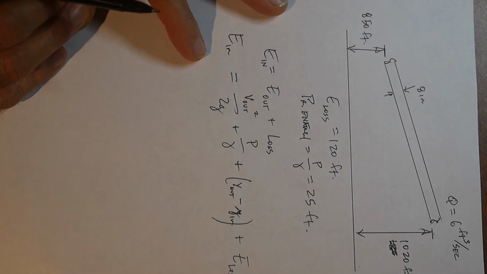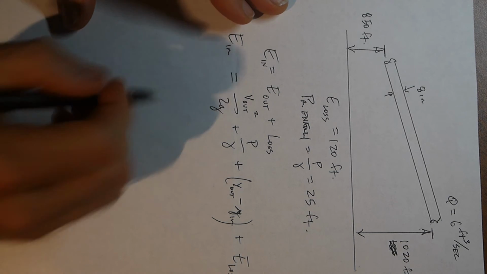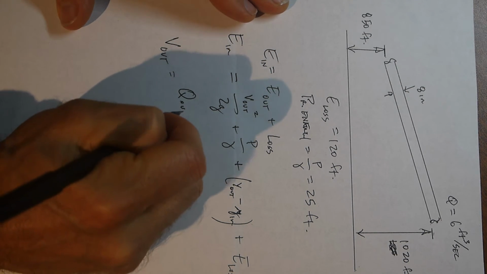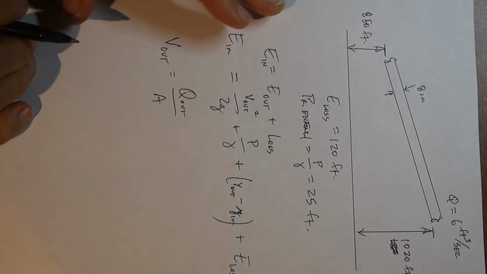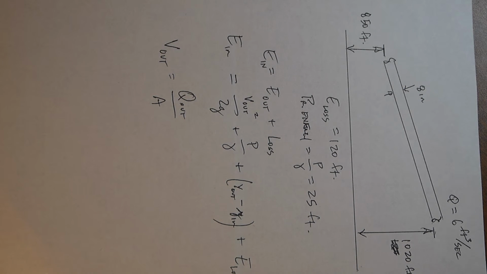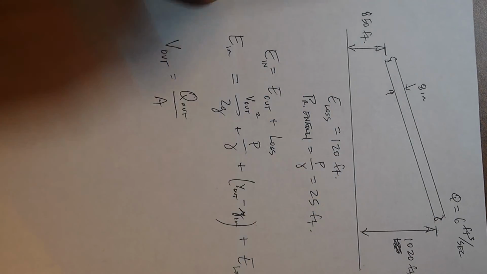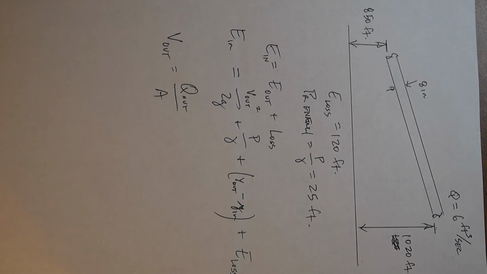We know that V out is just going to equal Q out over area, and you have the ability to calculate that. So I believe if you plug all those things in, you should get an answer that's pretty close to the one that they provide. But you understand what's going on: the energy in has to overcome all of this stuff to match the energy at that second location.